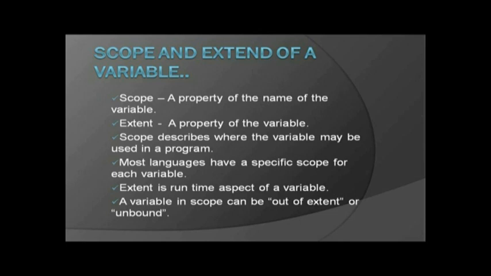In many languages, it is an error to try to use the value of a variable when it is out of extent. In other languages, doing so may be unpredictable.